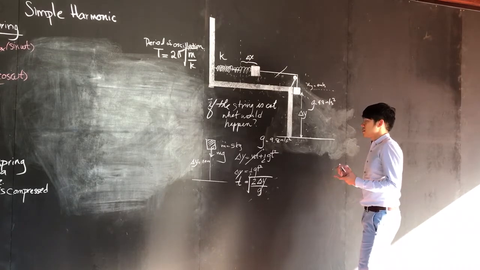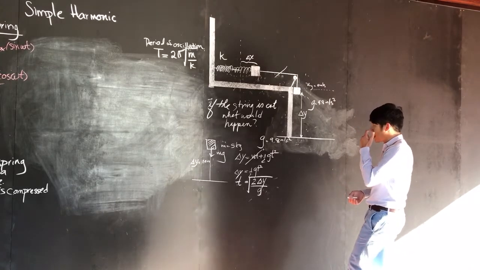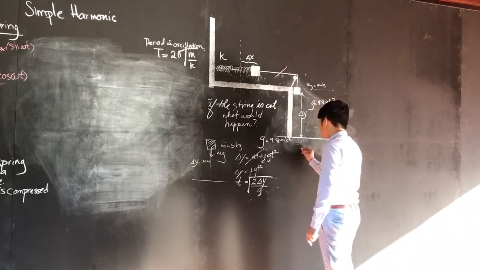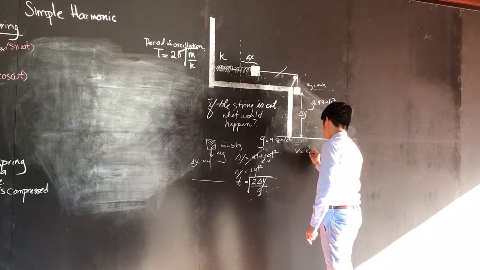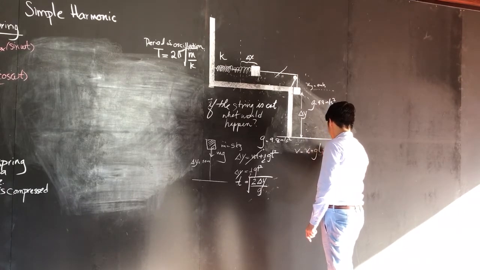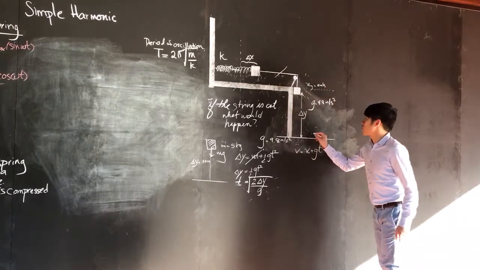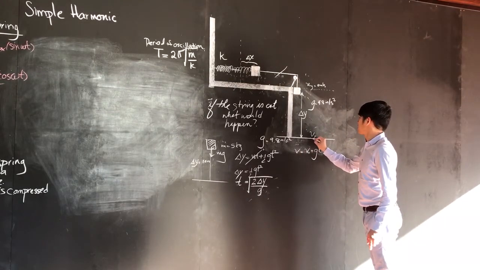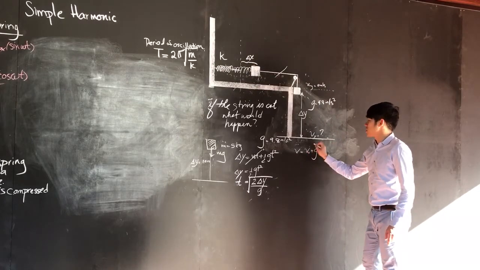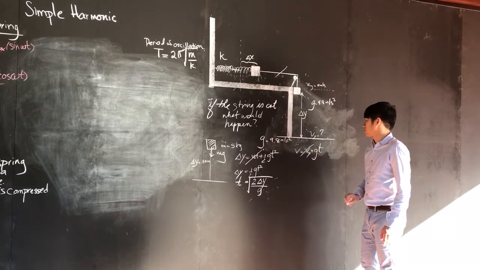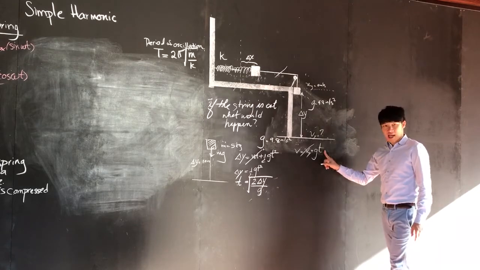To figure out the final velocity when it hits the ground, you can either use this equation if you know the height, or you can use this. This is your final velocity when it hits the ground. That's what you need to be solving for. This one is 0, remember? Do you know the time? You know the time.